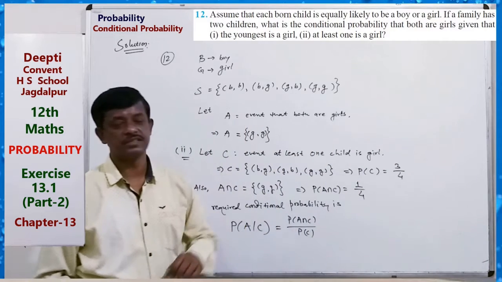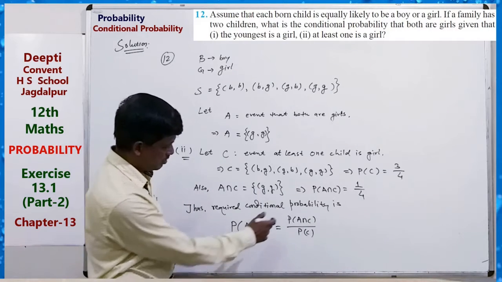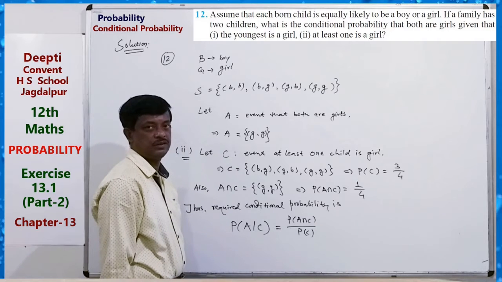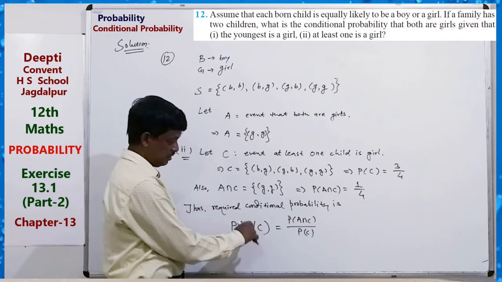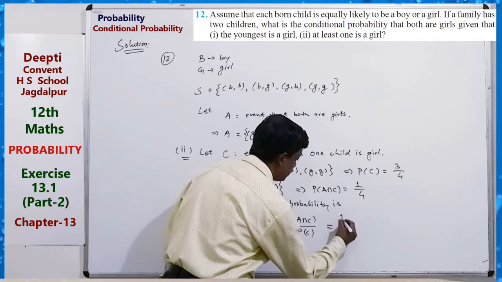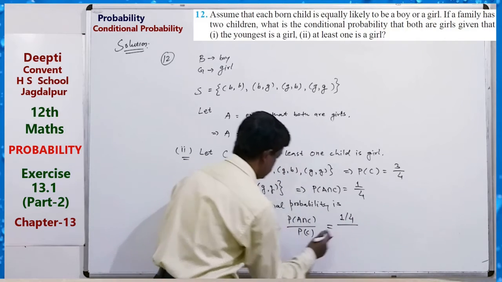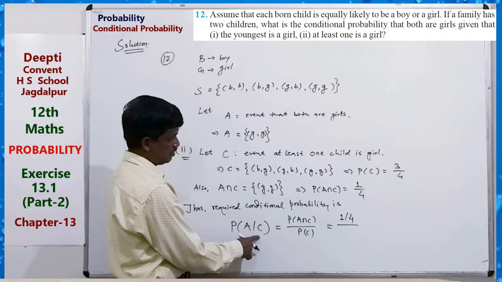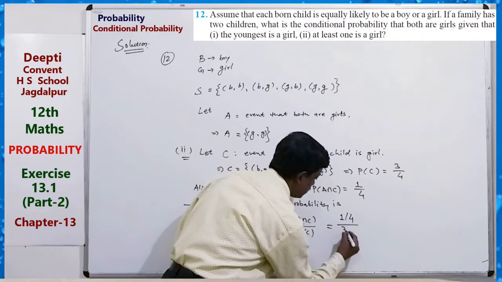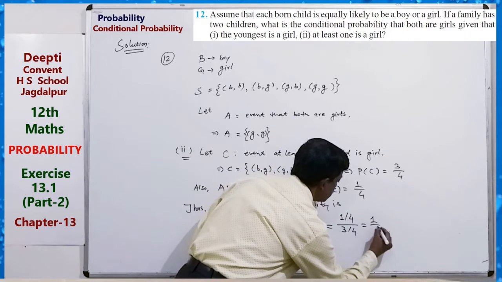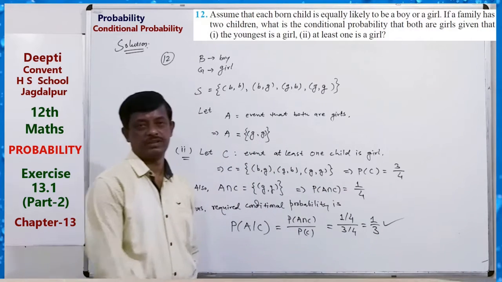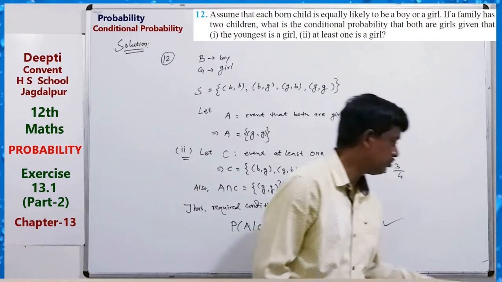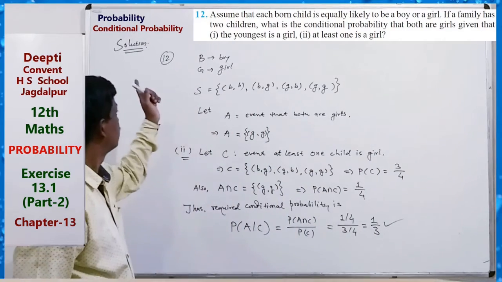Just put the values: 1 by 4 upon 3 by 4 equals 1 by 3, which is the result. Clear? So this is the solution of question 12.